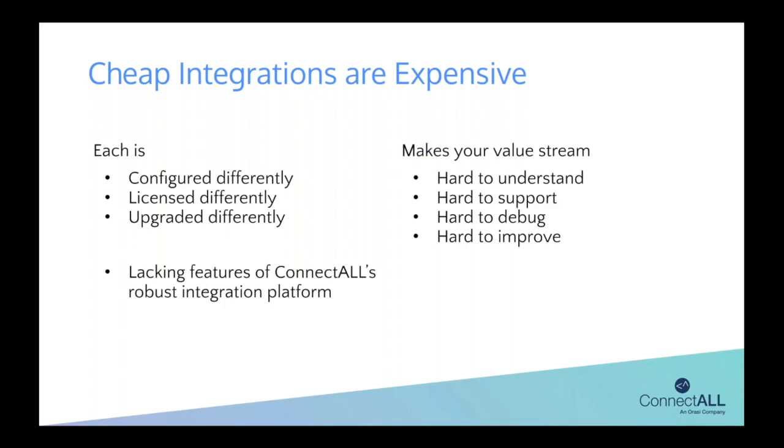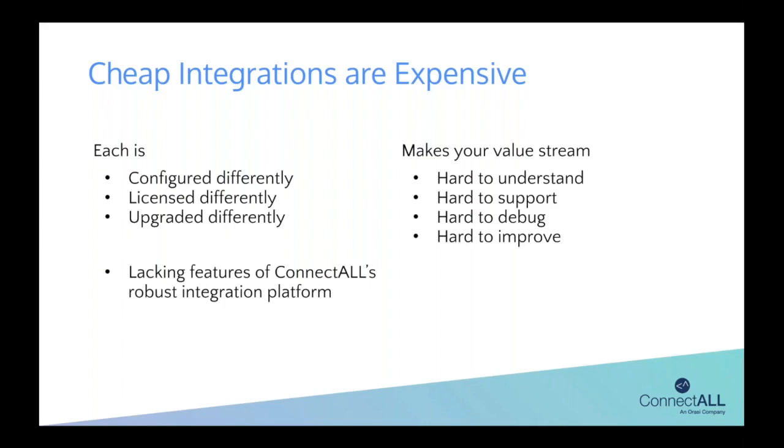Or when there's something you don't understand, where some value came from or the behavior of the syncing, it's harder to debug and make improvements. And as I mentioned earlier, some of the times the cheaper integrations don't have all of the features of a robust integration platform like ConnectALL. So it's a mismatch, and that's often more costly than anyone realizes or can measure.